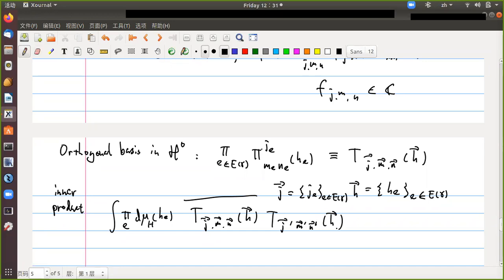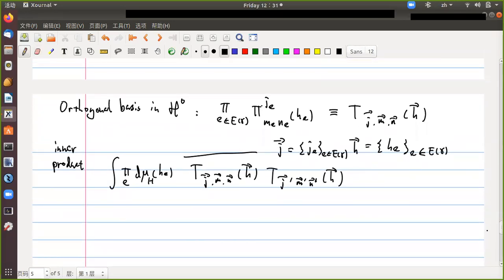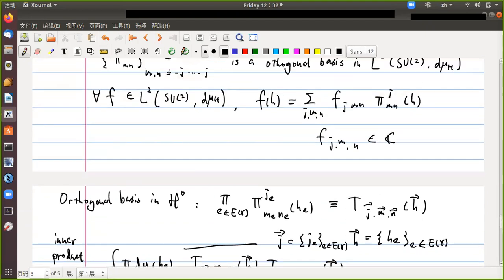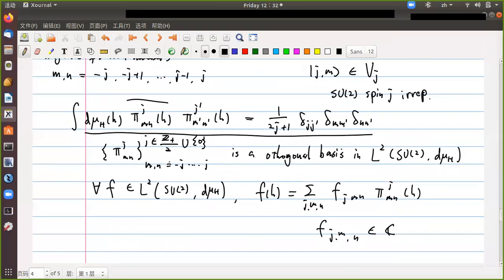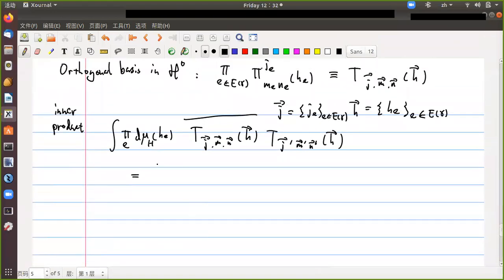Okay, and this is the inner product between two T's, and this integral is completely factorized, right? Because the function T is factorized in every edge, and also the integration is factorized. When you factorize this integral to every edge, you just get the same integral as here, the same integral as this one. That's this formula. And the result is again factorized to all edges.